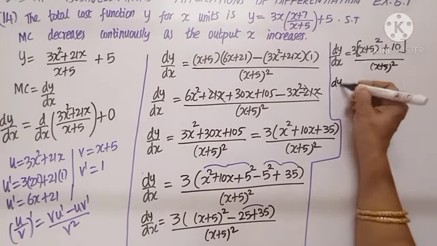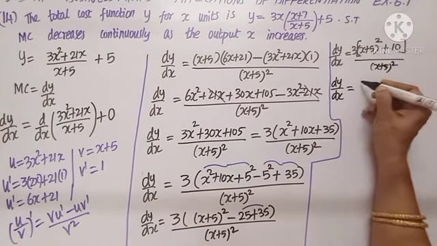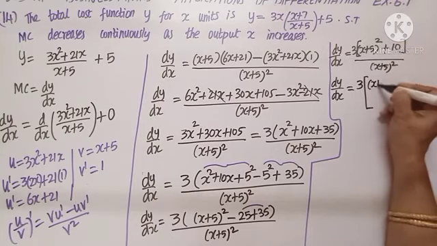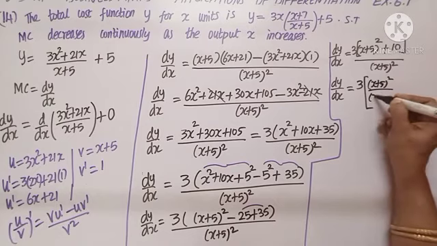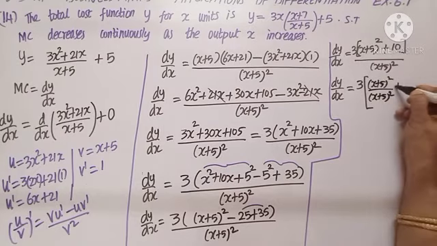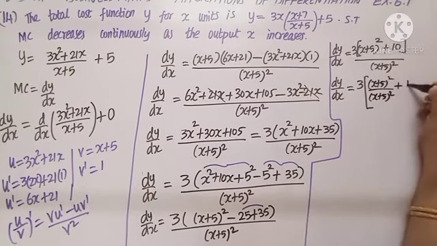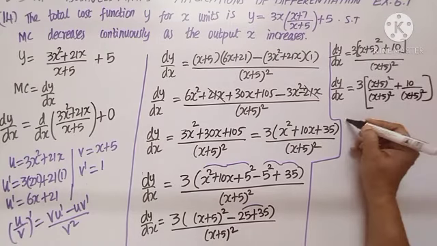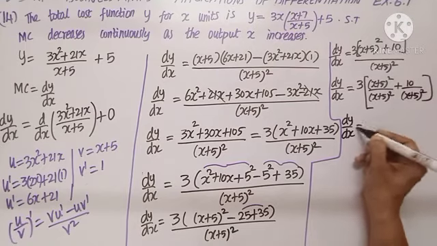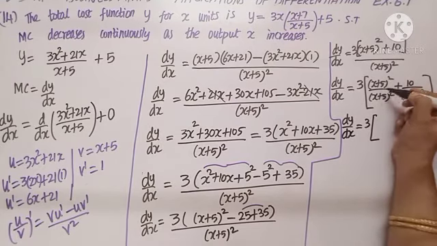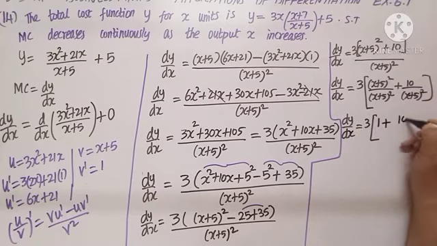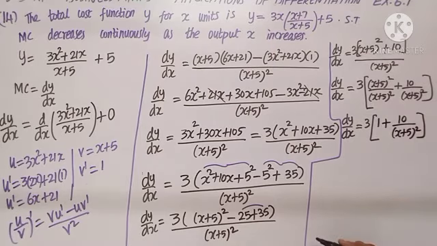We can rewrite this: dy by dx equals 3 into first term by denominator, x plus 5 the whole square by x plus 5 the whole square, plus second term by denominator, 10 by x plus 5 the whole square. Or dy by dx equals 3 into, cancelling the same term, 1 plus 10 by x plus 5 the whole square.